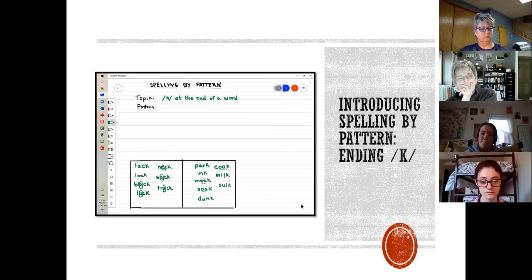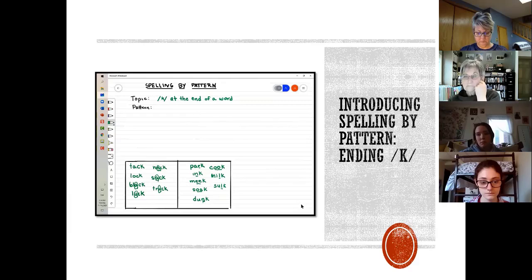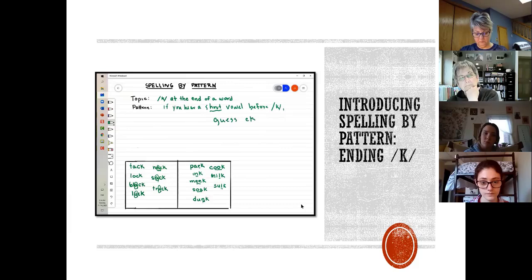In some cases, there's an L before the K. In some cases, there's an N and an R. So there's no real pattern to when it's K. The real pattern is if you hear a short vowel before, guess CK. That's the pattern. Otherwise, guess K.